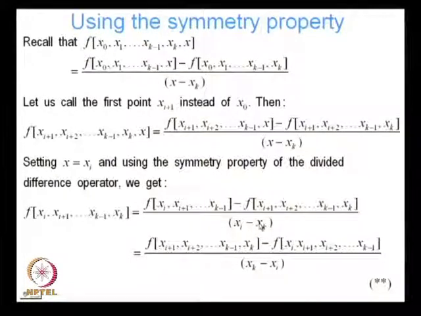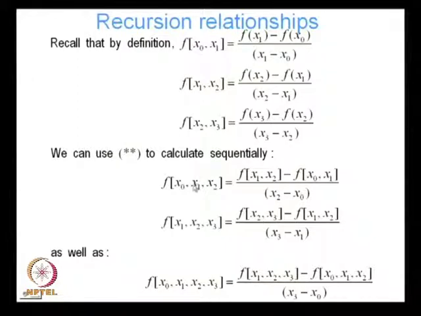So what do I get? I can evaluate f of x0 x1 x2 if I know these terms, and these I already know from definition, and then I use my recursion formula to find out the next order divided difference. Similarly, I can find out f of x1 x2 x3.